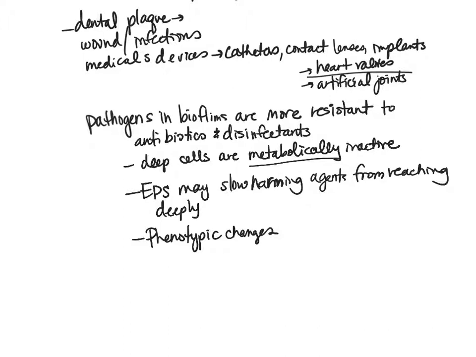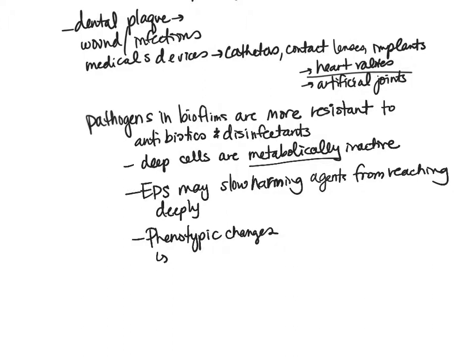They can say things like, hey, why don't you increase your efflux pumps? And then when an antibiotic comes along, once it gets into the cells, the cell will have a pump already in place to pump it out so that it doesn't get harmed. So these are phenotypic changes.